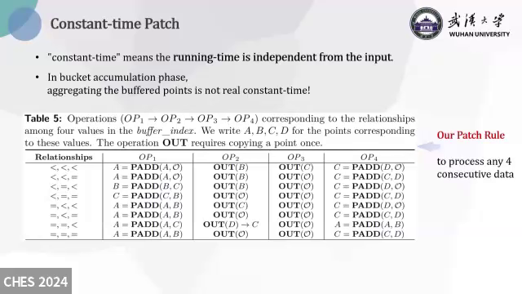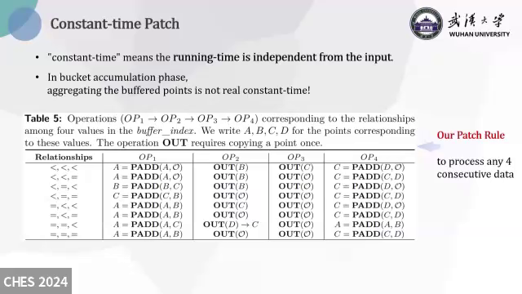Considering the more stringent security requirements in specific scenarios, we also provide a constant time patch for this. The basic idea is to process any 4 consecutive data according to this table. Based on the property of the subscalars being in ascending order, the capacity of this table only needs to be 8.